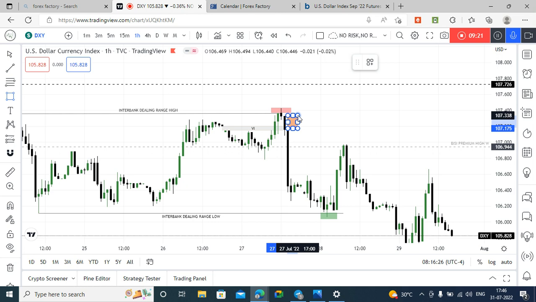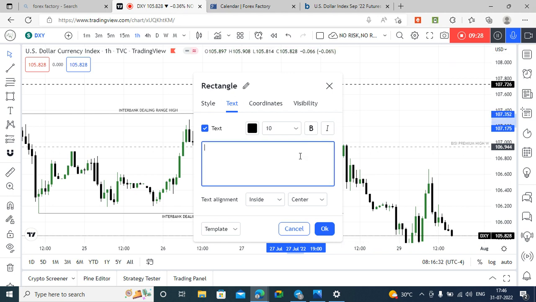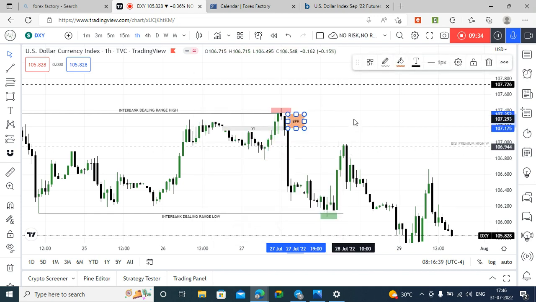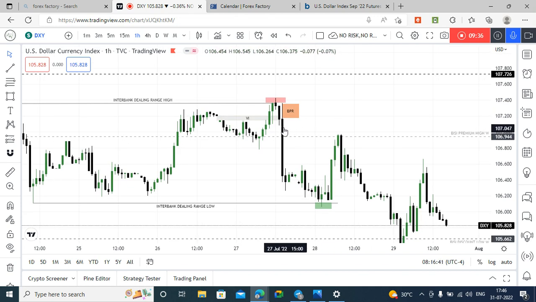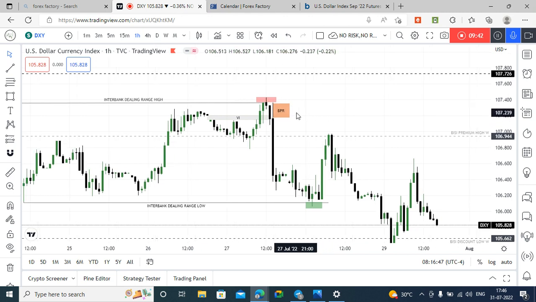ICT doesn't teach this type of model in core contents, but he teaches some stuff in the commentary, okay. BPR range, okay. So when we form this type of BPR range, we can expect price will not move above this high, okay.